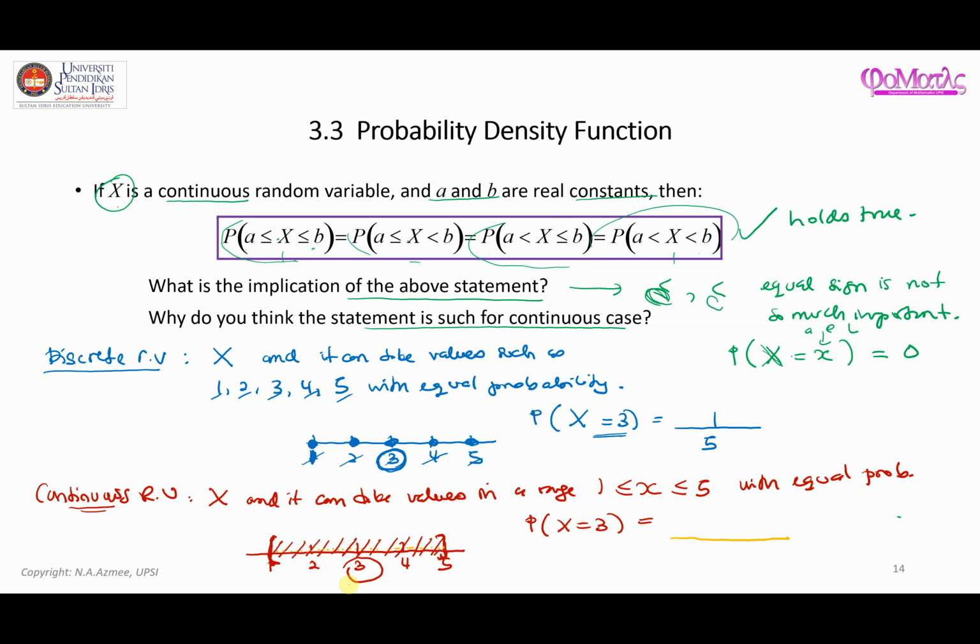For example, it can be 1.5, it can be 1.536, it can be 1.49312. So these are the values around 1.5 only, but I think you get the idea. What I'm trying to say is there are a lot of possible values that you can take along this real number line from 1 to 5.